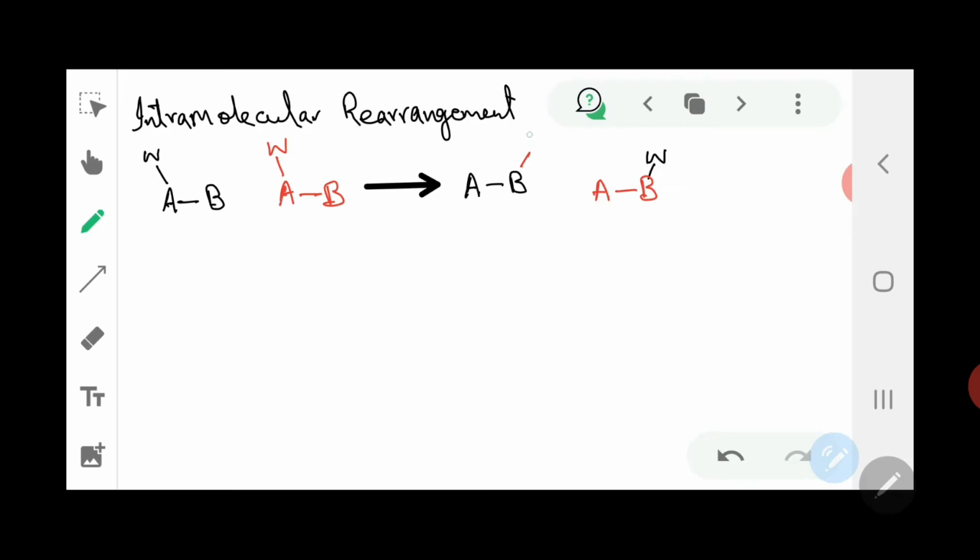Here you can see that migrating group W is exchanged between these two molecules.